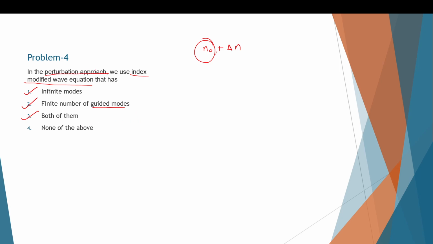Is that clear? We have some complicated refractive index profiles. Say my refractive index is low in this region, higher in this region, but it's not very regular, and again low in this region. Then I might approximate it to something like this, plus some slight delta and perturbation. For such a nice geometry, I will have a finite number of guided modes and an infinite number of non-guided modes.